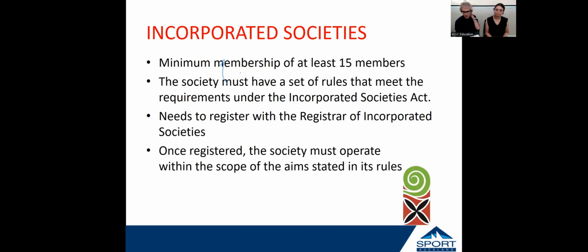As Sabrina's talked about, there are changes happening in the legislation, and I would imagine that template is going to have to be substantially updated. At the moment, though, the current 1908 Act is in force, and there is a template if you're considering setting up a society at this point.